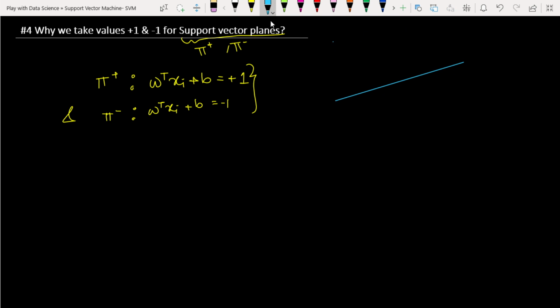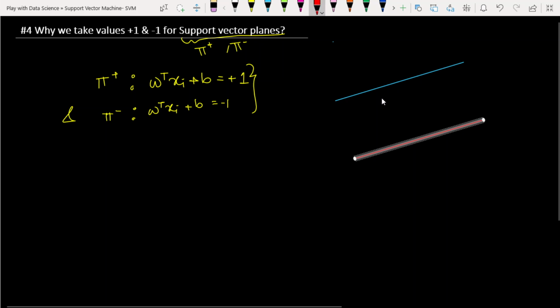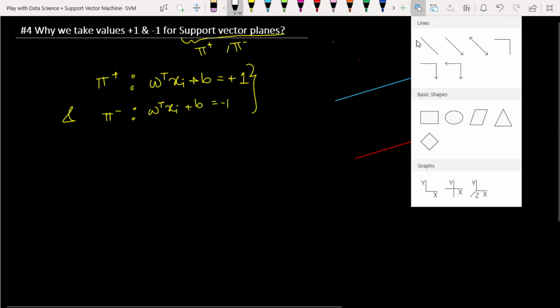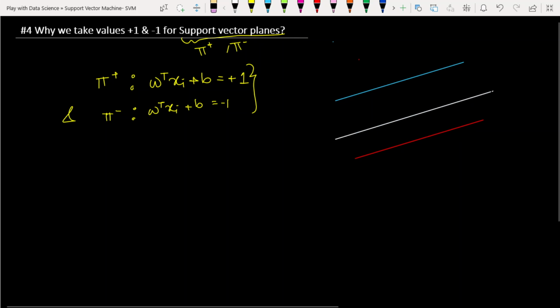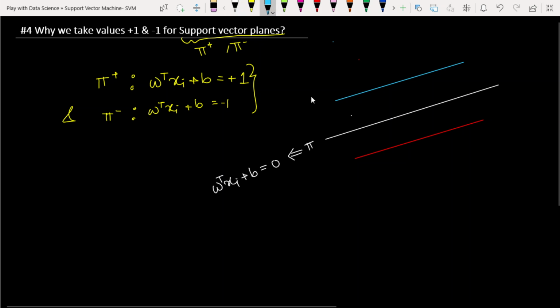This is simply our pi plus and pi minus, and this is our pi, for which we take the equation W transpose x plus b equals 0.